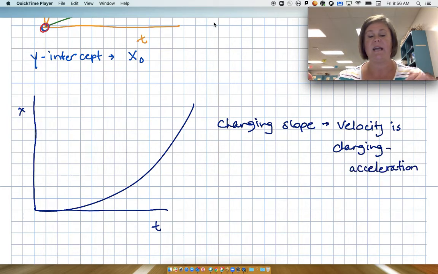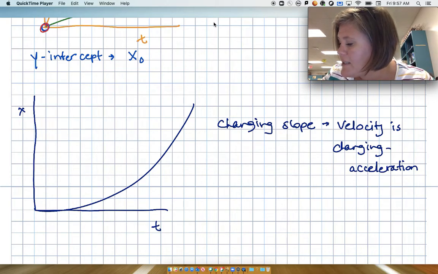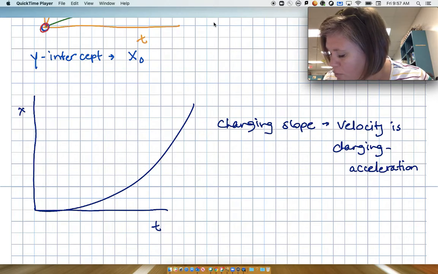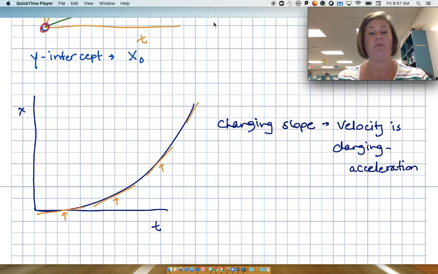That means the object is speeding up or slowing down or even changing directions, okay? So that's a non-constant changing slope. And you can see that the slope is changing if you draw these tangent lines to that curve, and you can see that the slope of the tangent lines is getting steeper and steeper, which means in this case the object is speeding up in the positive direction, okay?